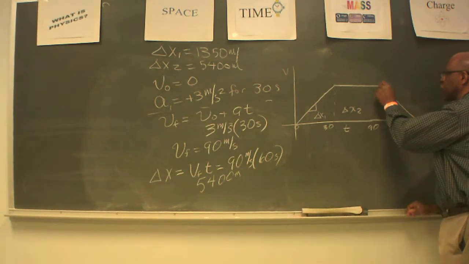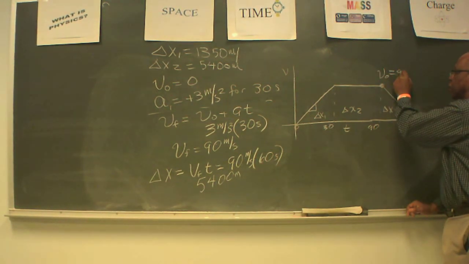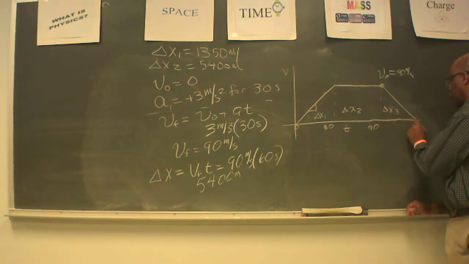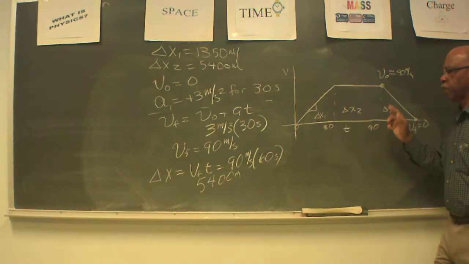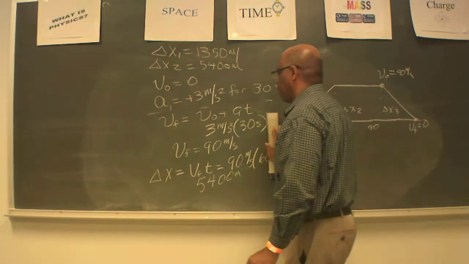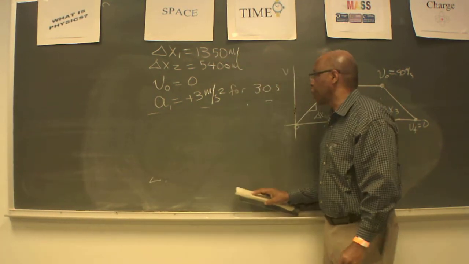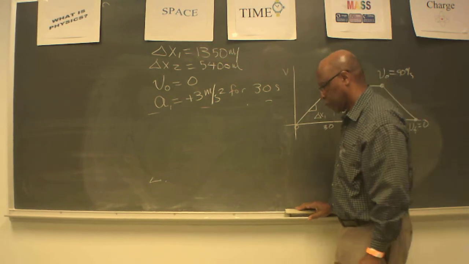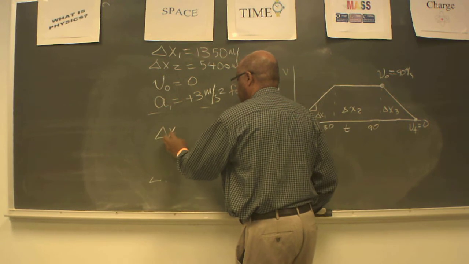This was your initial velocity over that interval, and your final velocity over that interval, 0. Look at the information that you have for this part, the givens, and find an equation that relates the given information with the unknown. The unknown is delta x3.